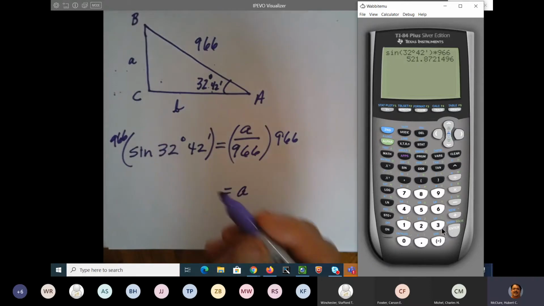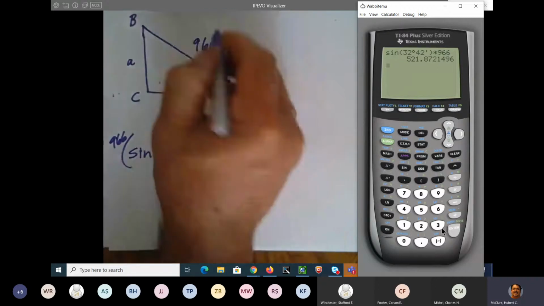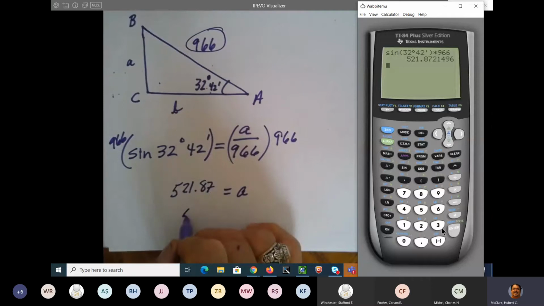So A is 521.87. Now, since they have this to the nearest whole number, I'm going to raise mine to 522.